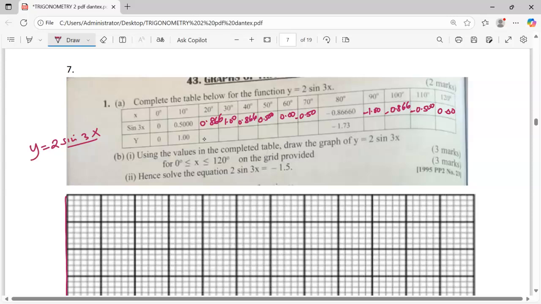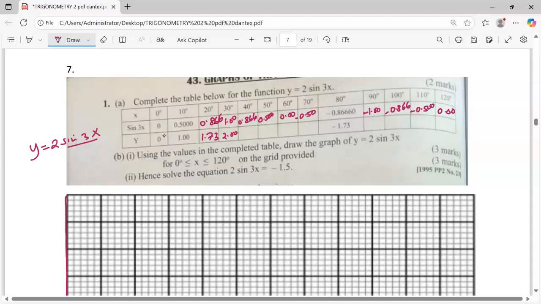That is the value of y. Next we take 0.5, you multiply by 2, you get 1.00. Next you take 0.866 times 2, you get 1.73. Next we are going to have 1 times 2, which will give us 2.00.